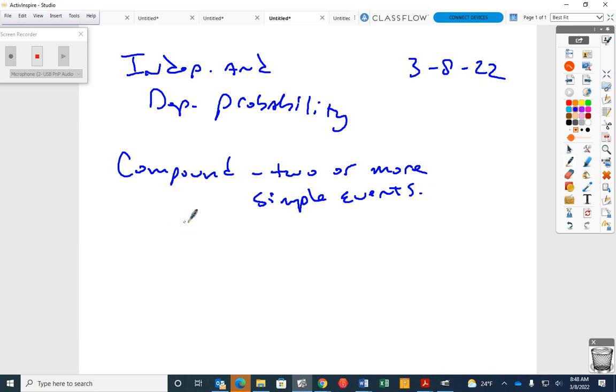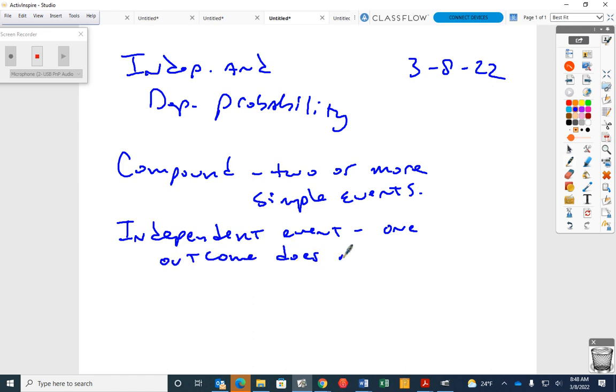All right. Now, independent probability. An independent event basically means one outcome does not affect the other. Now, the example that I just gave you of rolling a number cube and flipping a coin.